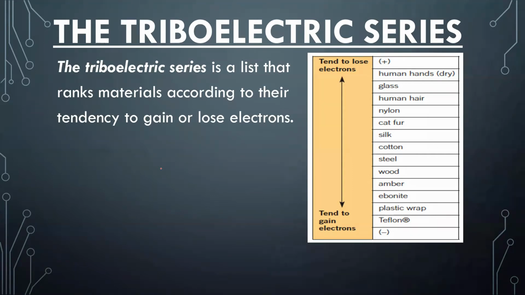There are some substances where, if you rub substance A and substance B, one substance loses electrons and the other gains those electrons.